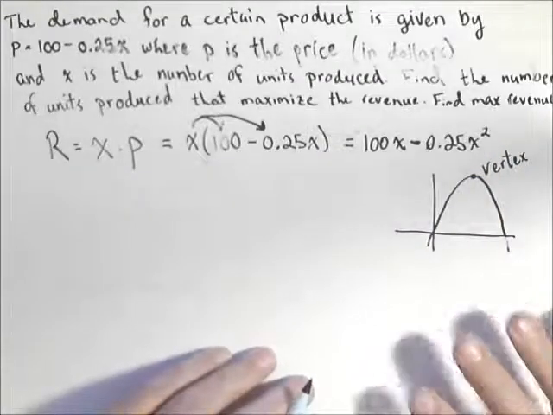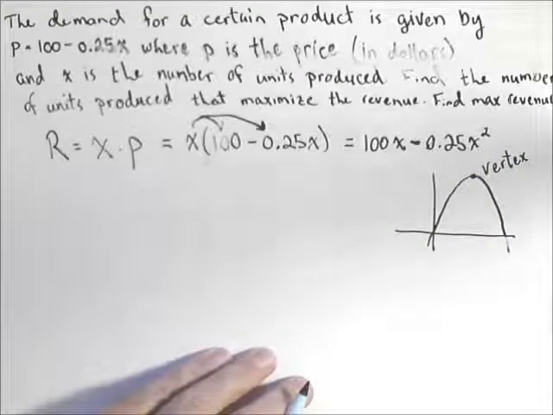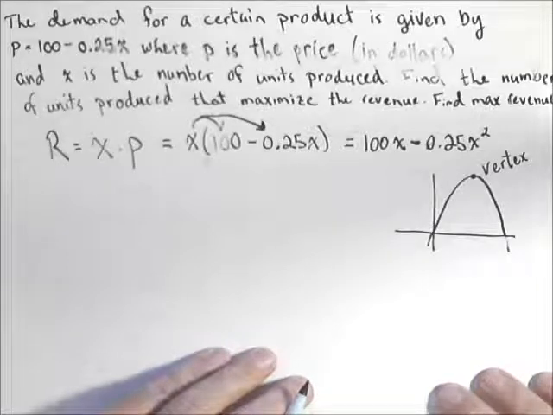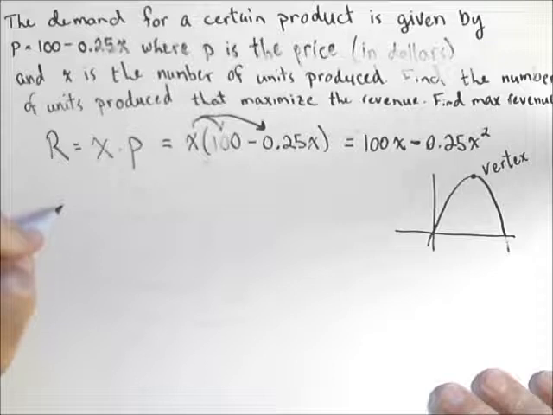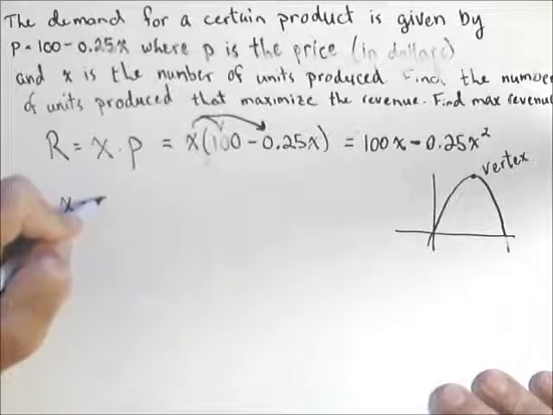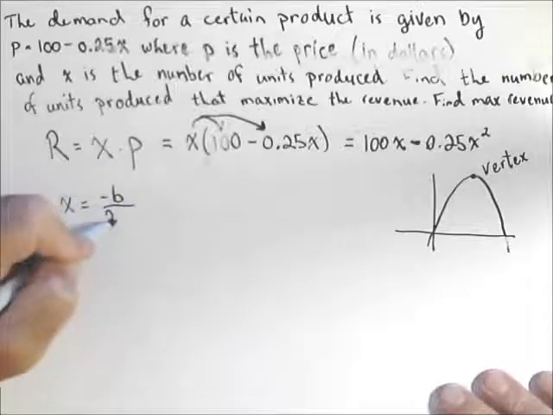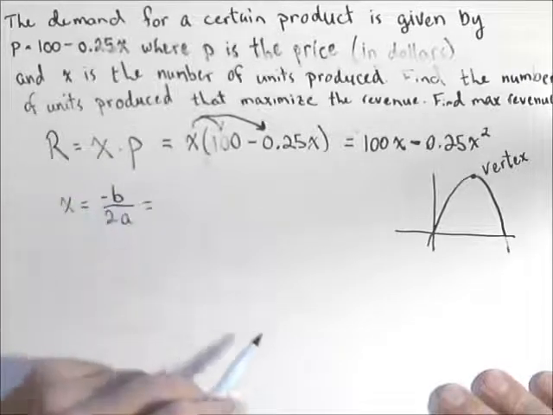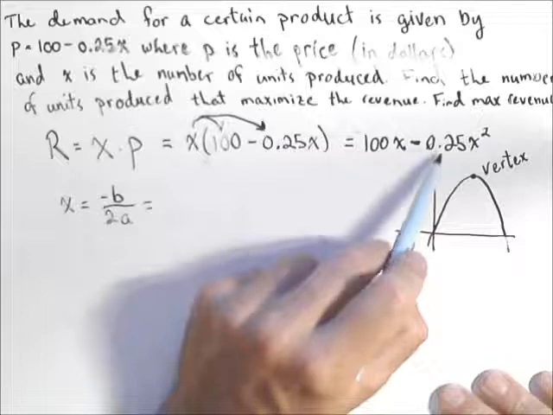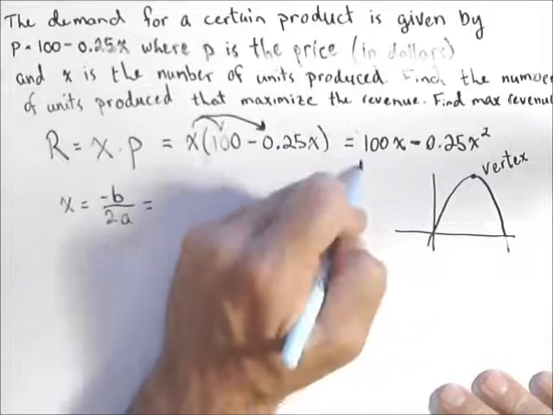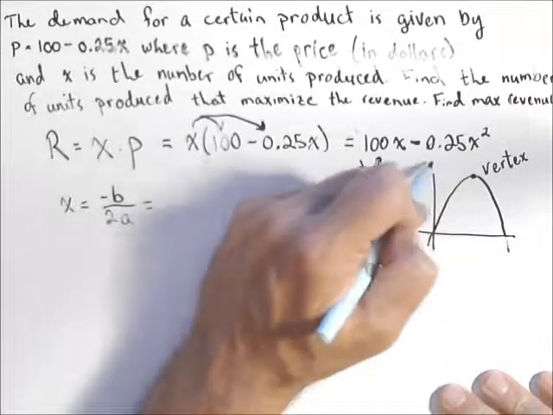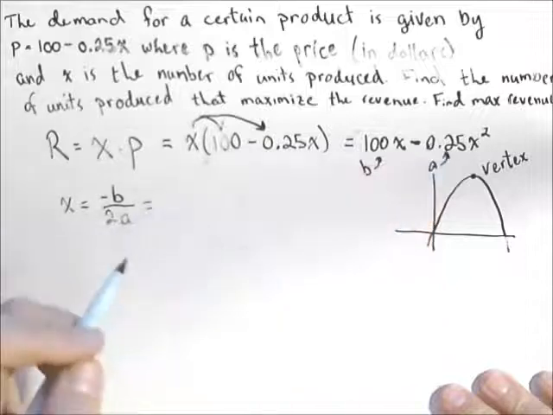Now, I have other videos that show how to do a maximum with a graphing calculator. Let's talk about finding a vertex by hand. To find the vertex of a quadratic, to find the x-coordinate, all you need to do is use negative b over 2a. Now, our quadratic's not written in our regular form, so realize that the b is 100 and the a is negative 0.25.